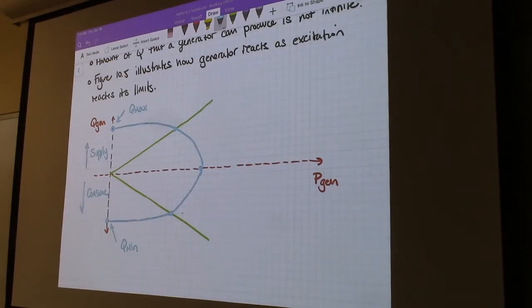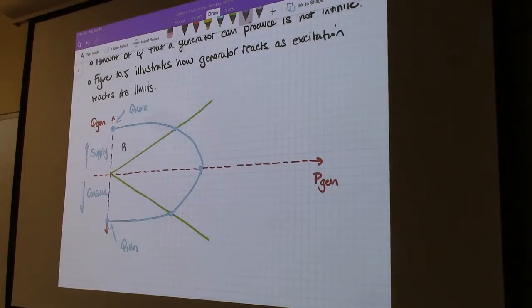So, the reason why there's a top and a bottom end of this curve is you can supply a certain amount of real power and be consuming Q or supplying Q, so you can be on the top or the bottom here. Now we're going to call these regions.